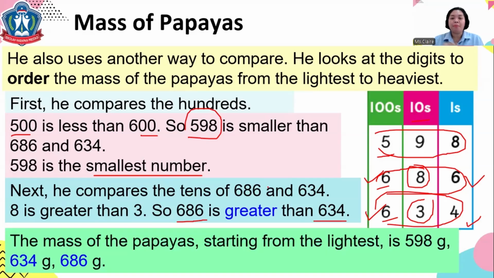When we order the numbers, the smallest or the lightest papaya is the one that weighs 598 grams, followed by 634 grams and 686 grams. This is the correct way of ordering the masses of the 3 papayas. Again, in this step, he uses the digits of the numbers to compare.